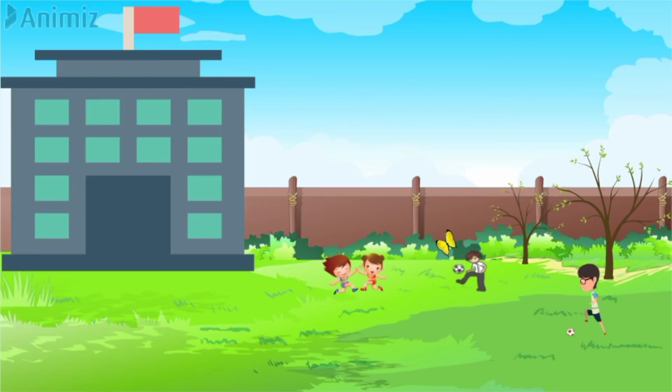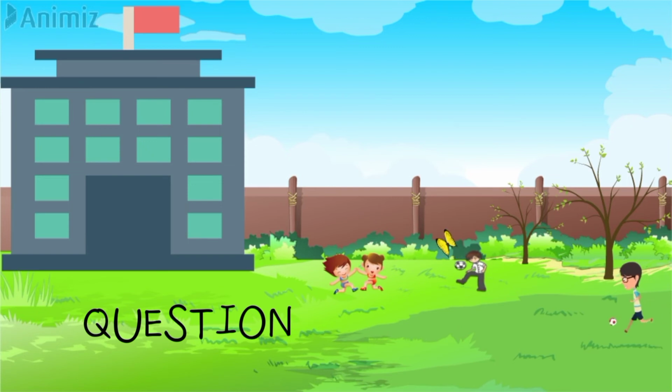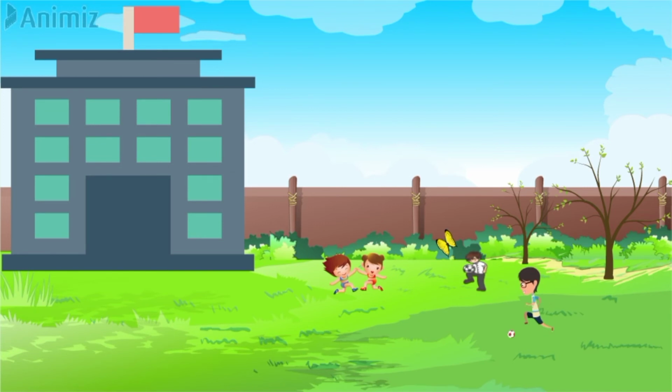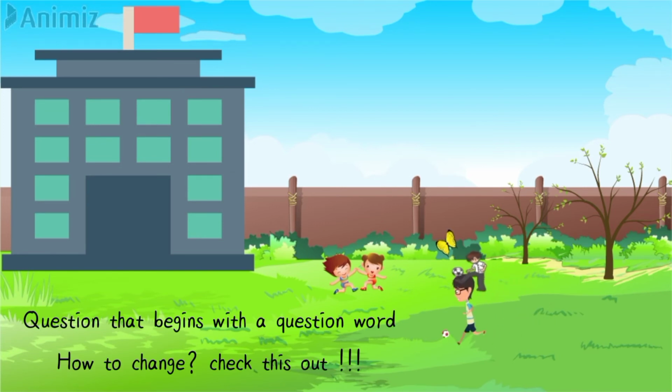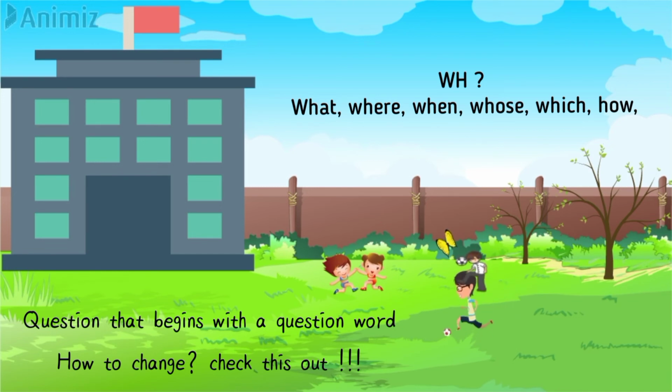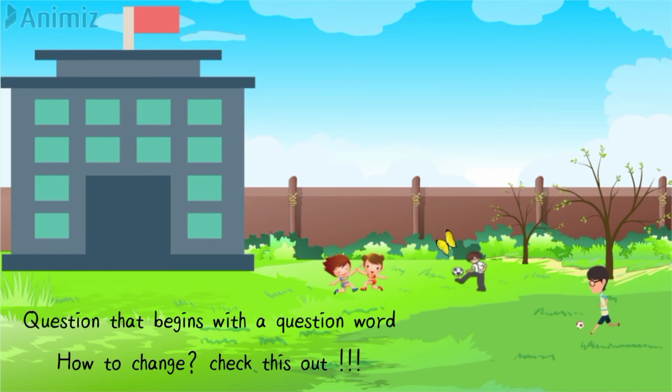The next topic we can discuss is also about the question. How to change the question from direct speech to indirect speech. First, questions that begin with a question word like who, what, when, where, etc. Okay. Now how to change it. Okay, check this out.